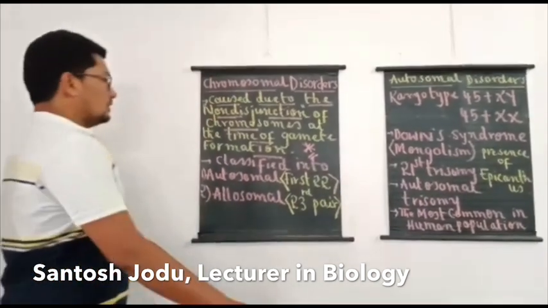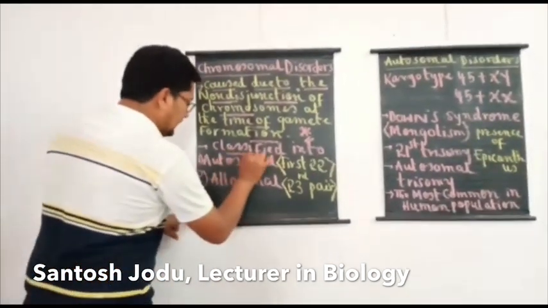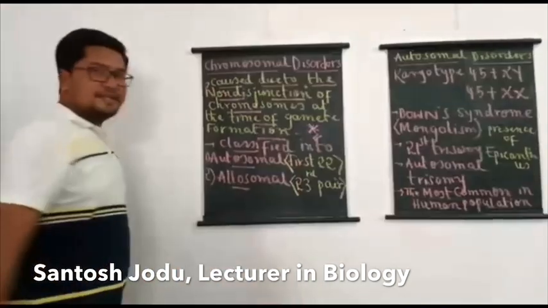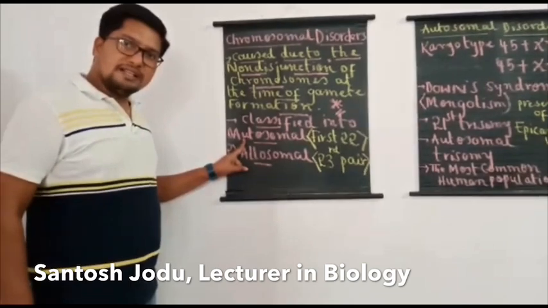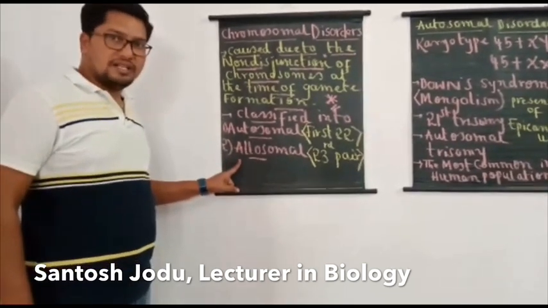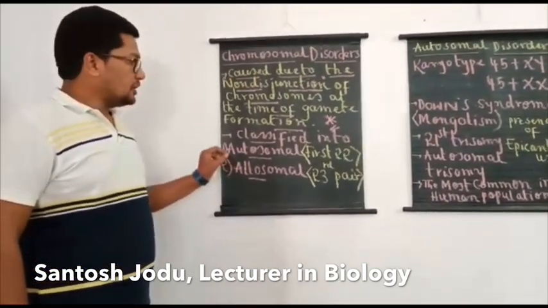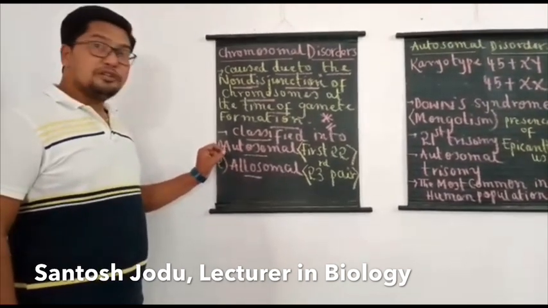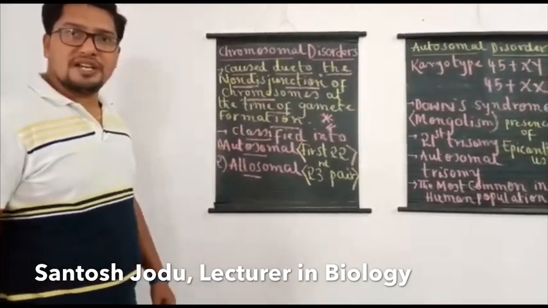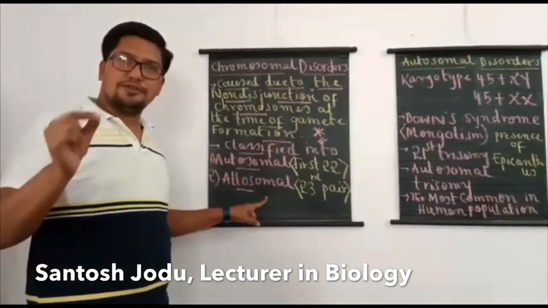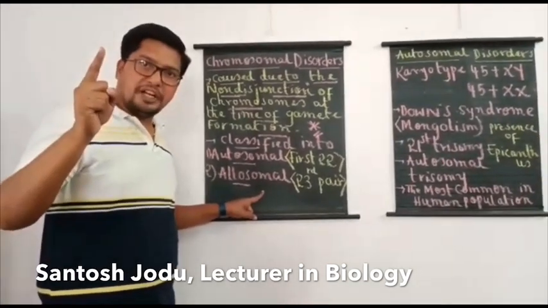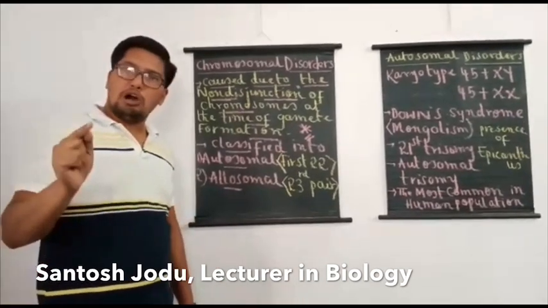The chromosomal disorders given in the syllabus are classified into autosomal disorders and allosomal disorders. In human DNA, a total of 23 pairs of chromosomes are present. Out of these 23 pairs, as you all know, the first 22 pairs are autosomes.